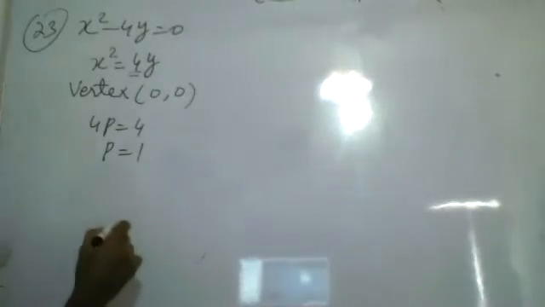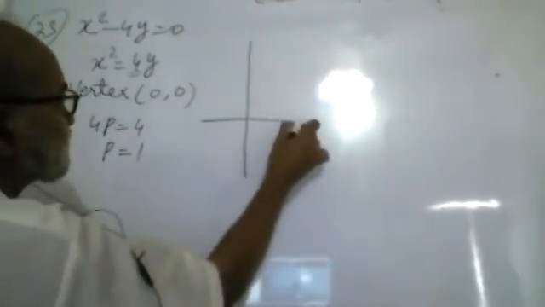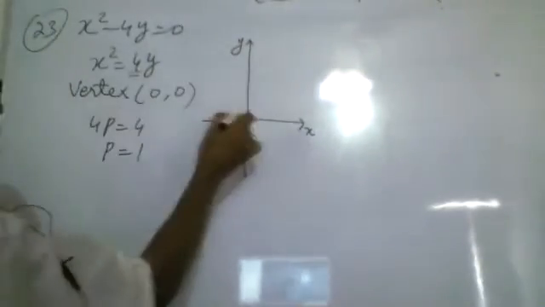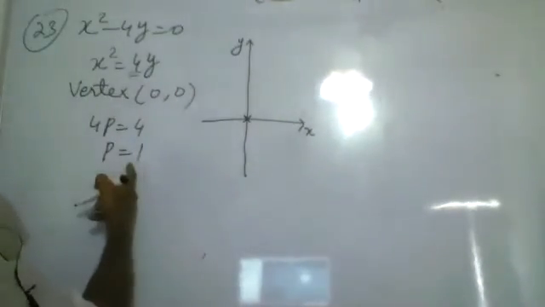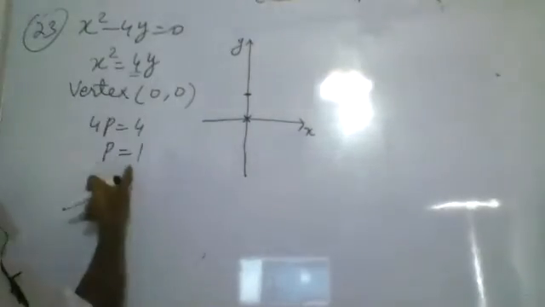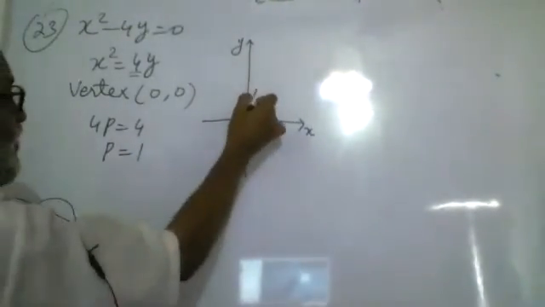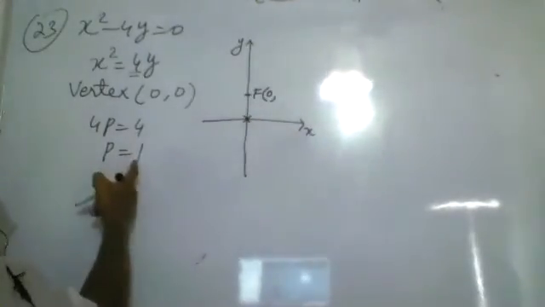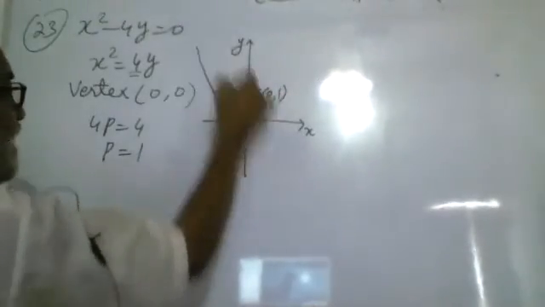The equation will be of this type. The vertex is at the origin. Now 4y is positive, p is positive, so p will go from the vertex up to here. If positive, it goes on the up side; if p is negative, that will be downward. So there will be the focus: x here is 0 and y will be 1. And this will be the parabola.